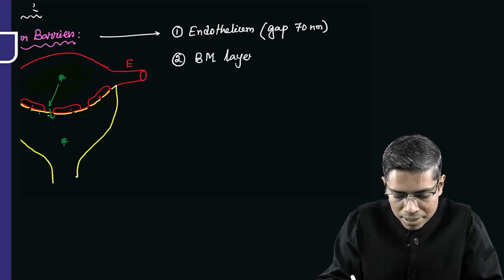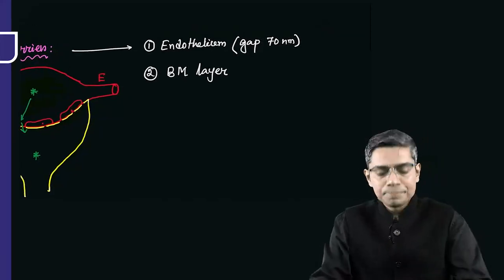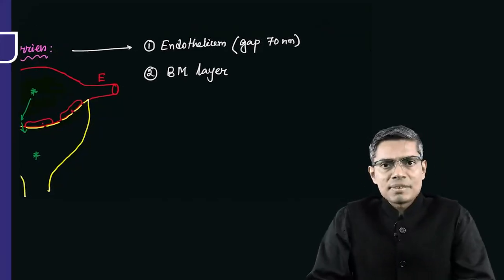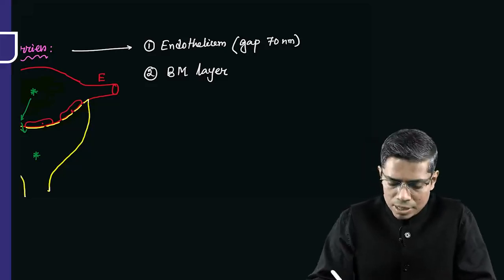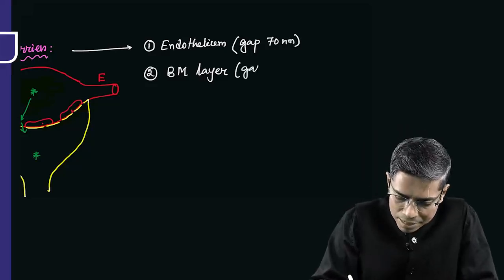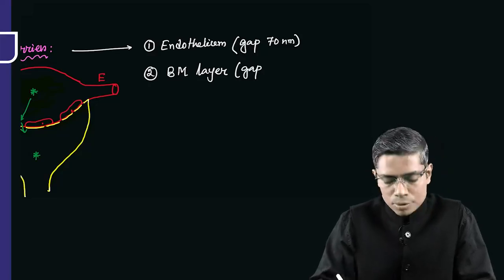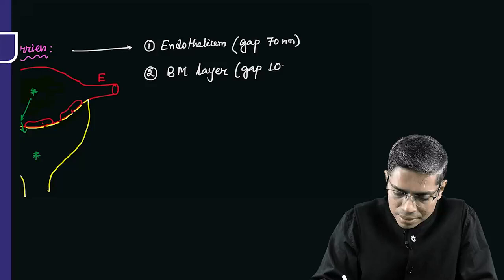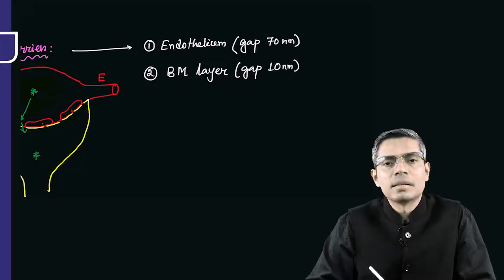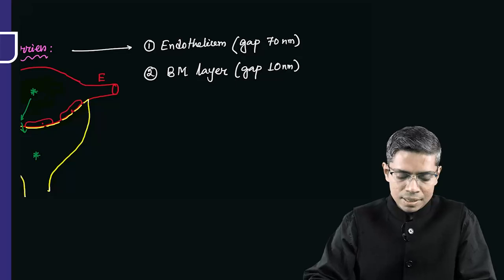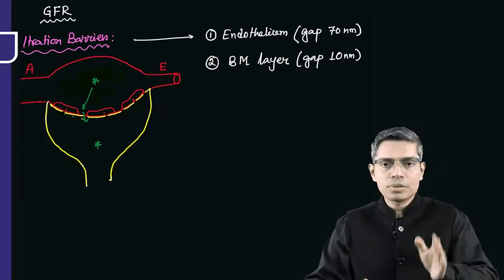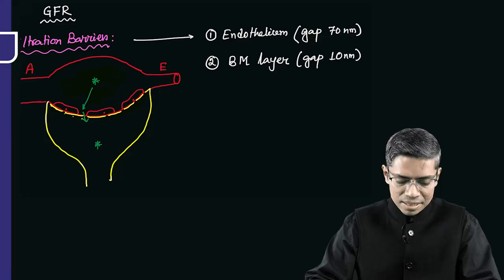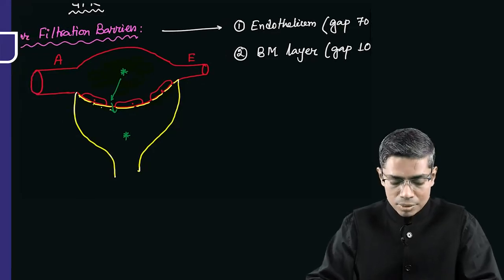This basement membrane is mainly composed of type 4 collagen, and that is not continuous. There will be a little gap in this basement membrane layer also, and the gap is in and around 10 nanometer, right?